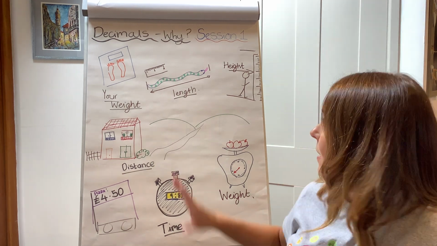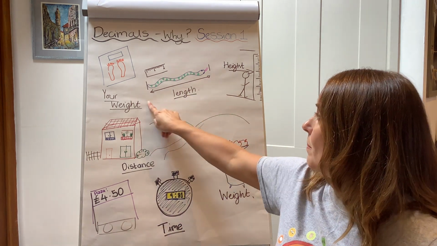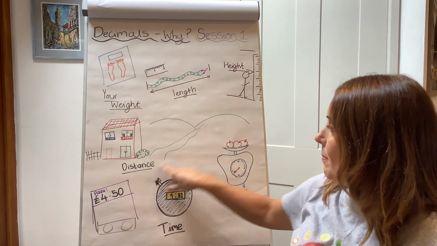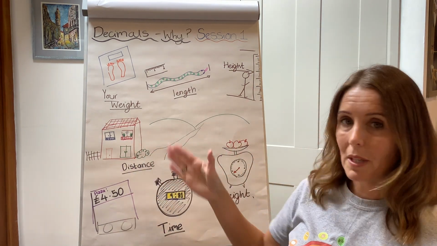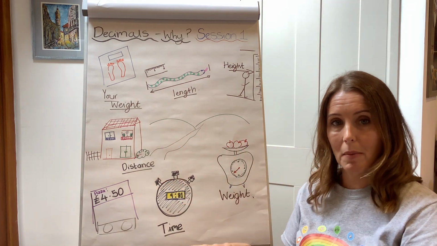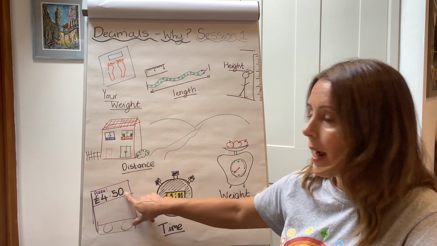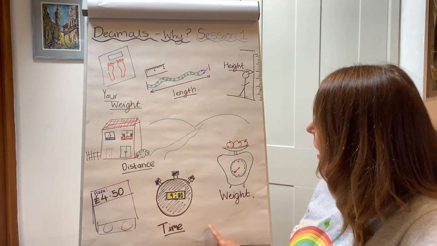Okay, so you may have seen decimal numbers used when you're weighing yourself. You may have used them when measuring the length of something or the height of something. You might have seen them used when you're finding the distance from one place to another. Sometimes it's on the sat navigation system in the car, it might be on the phone. Sometimes you see it for prices, you'll see decimal numbers used when we have pounds and pence.